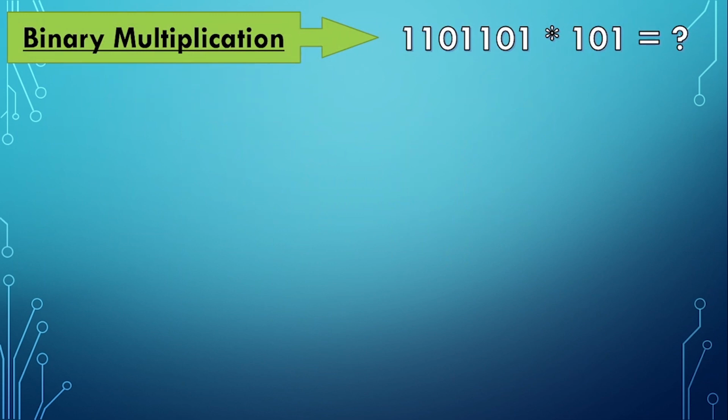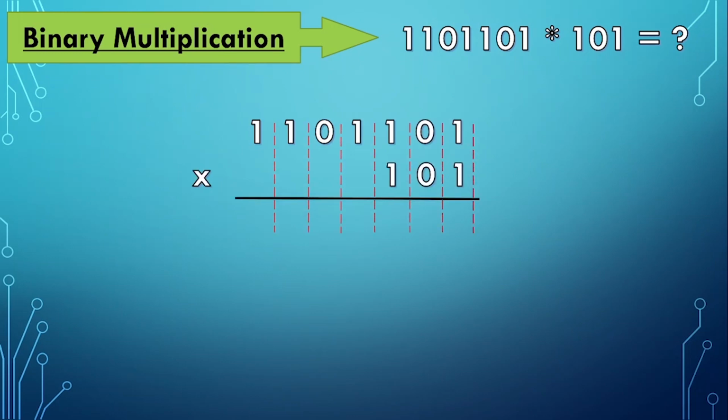Next, multiplication. See, multiplication and division are very easy processes because the only possible answer is either 0 or 1. So we will first match the bits, then we will start with LSB. For this LSB, we will multiply this whole number with 1.